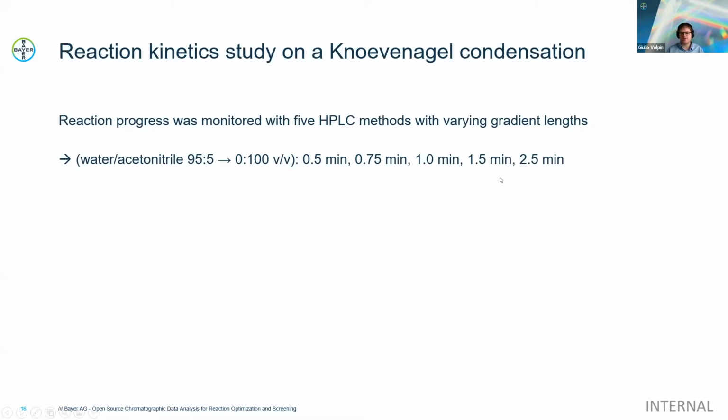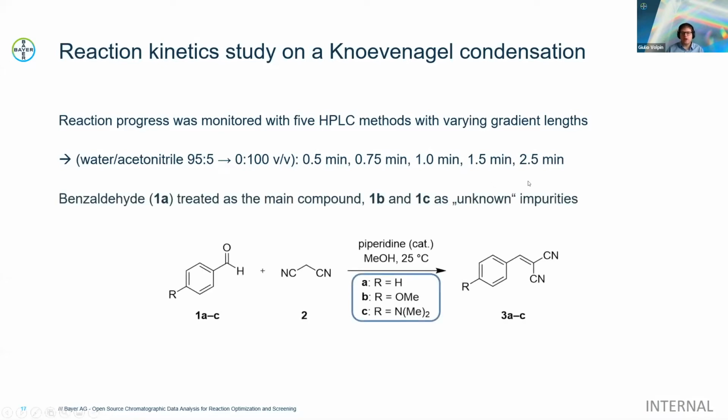And we just wanted to stress test our peak deconvolution algorithm on a standard well-known reaction, this Knoevenagel condensation of a series of aldehydes with malononitrile, in which you have para-substituted benzaldehydes that react in methanol with a base catalyst to give this alpha-beta unsaturated compound.